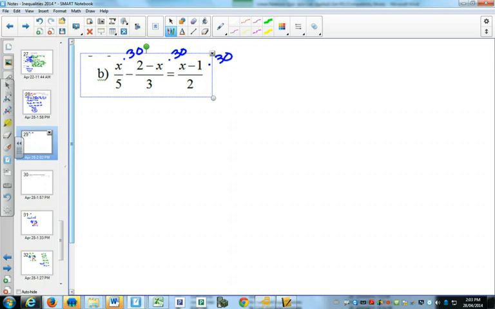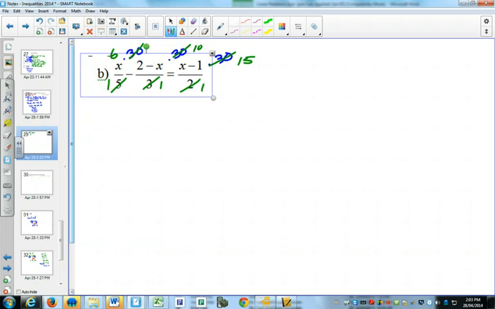Now if I simplify, 30 over 5 simplifies to 6 over 1. 30 over 3 simplifies to 10 over 1. And 30 over 2 simplifies to 15 over 1. Any questions?